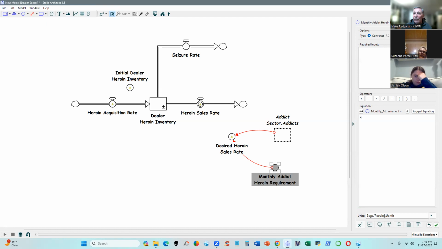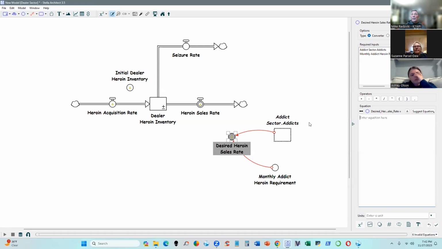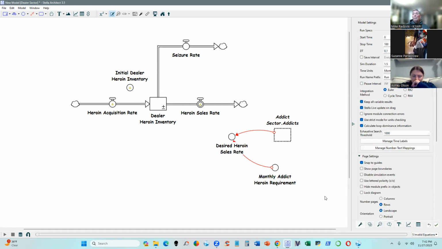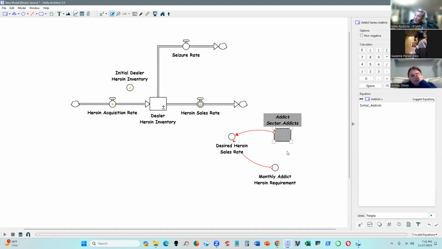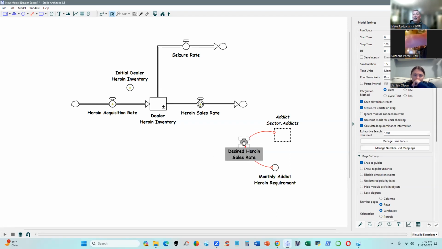I think by default Stella knows people are persons. So if you multiply those together, number of addicts times the bags per addict per month is the number of bags per month that are desired, right? So many addicts and each one needs so much every month means you need that much. That's what they'd like this flow to be, right?